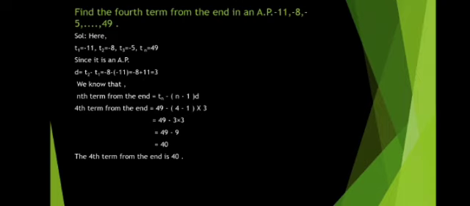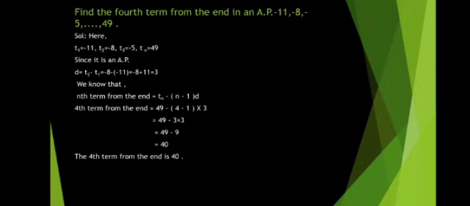Now the new formula: the nth term from the end is equal to Tn minus, inside the bracket, n minus 1, into d. Now we want to find the fourth term. So the fourth term from the end is equal to 49 minus, in place of n we write 4, in the bracket 4 minus 1, multiplied by 3.